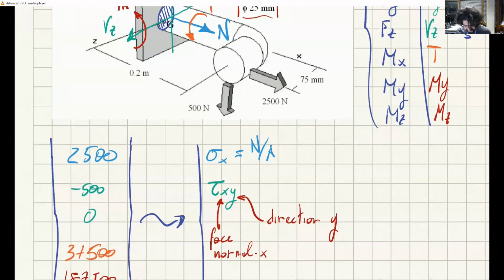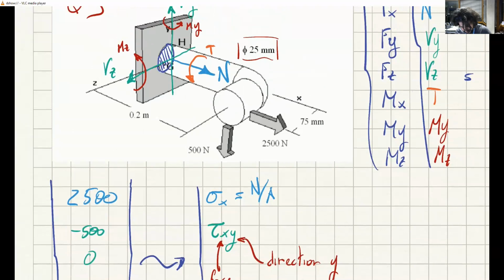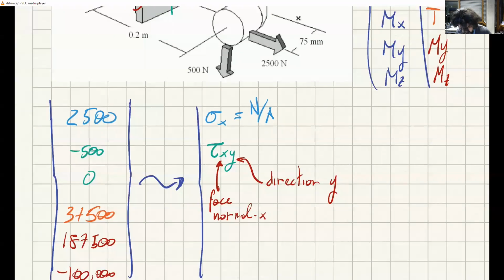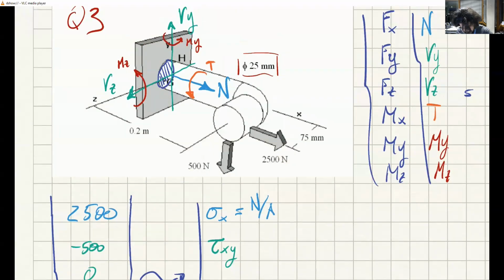So I am on this face with normal x and in this direction here. So this direction is the other one. So tau xy means that. And of course, in this other direction, we will have tau xz.